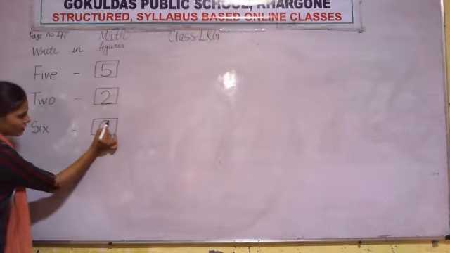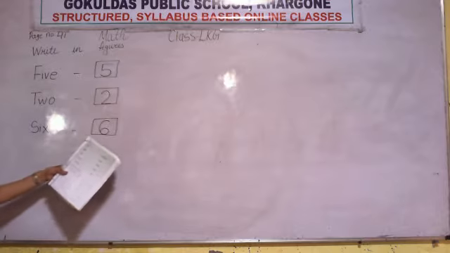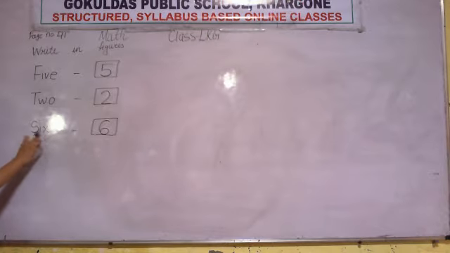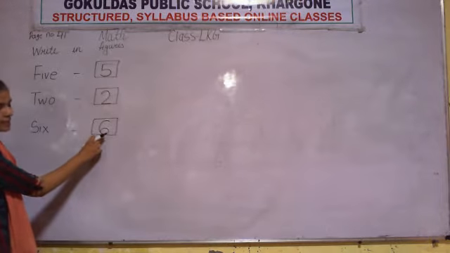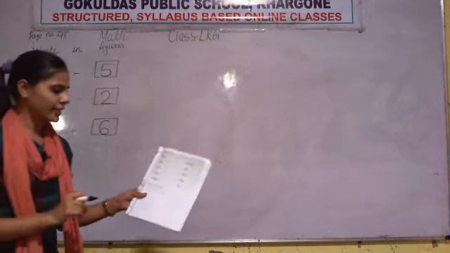First you make a half curve and join the curve. This is number 6. SIX is the name of number 6 and this is number 6. Now next.